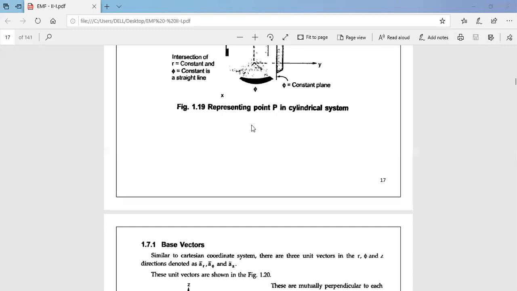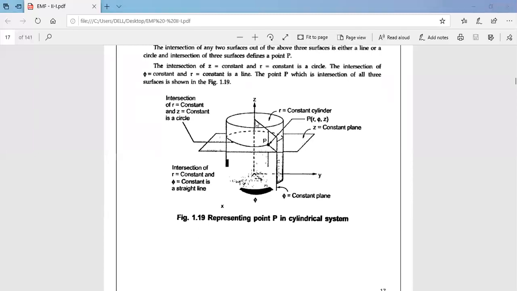So, volume equals the integral from 0 to r dr, the integral from 0 to 2 pi d phi, and the integral from 0 to whatever z is dz.